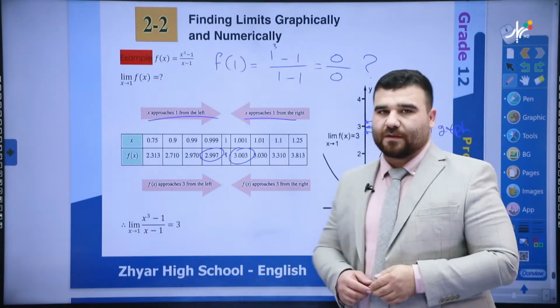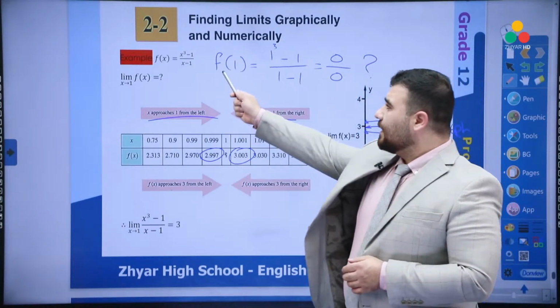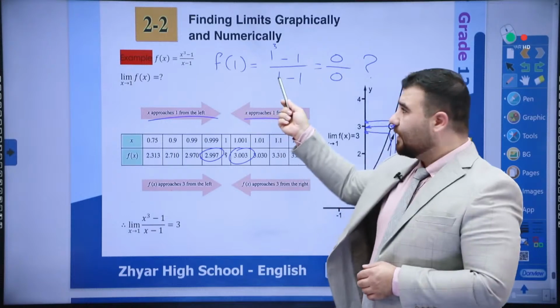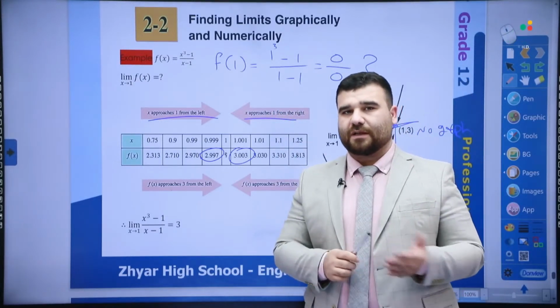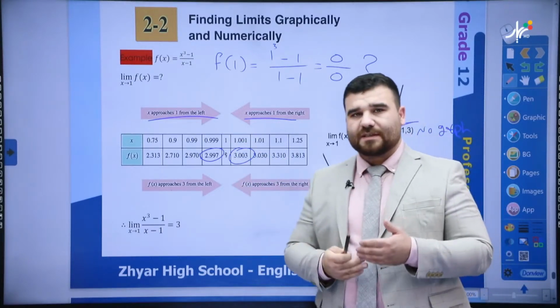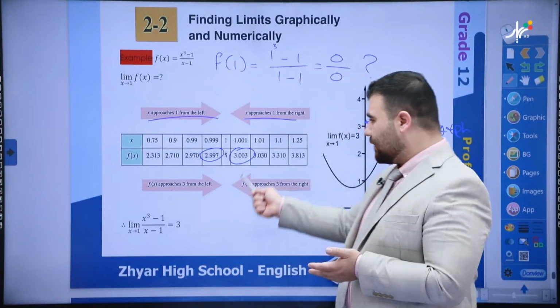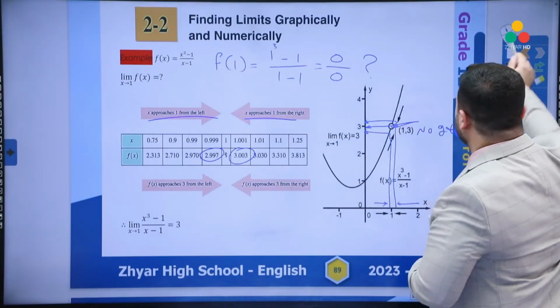So this is the meaning of limit. The first point about limits: if after we directly substitute this value in the function we get something like 0 over 0, then we need to do left and right. If left and right are both approaching the same value, this means the limit overall is equal to the value that they get close to.